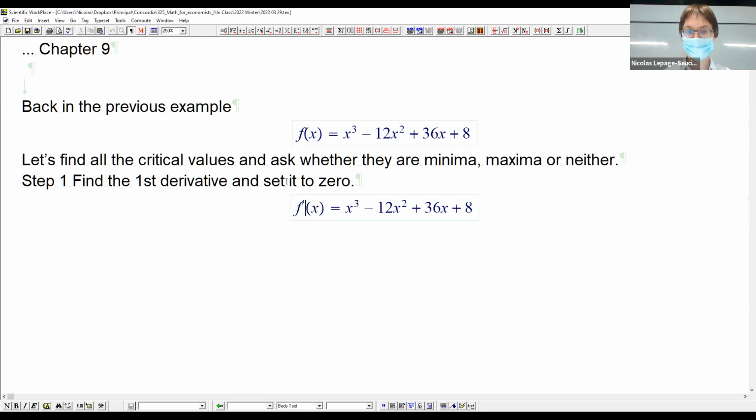So f prime of x equals, so I think we did that already, so I'll go quite fast. It's always a good idea for you to do it on your own. I've got 3x squared minus 24x plus 36. Then I set it equal to 0. So then find the values of x.